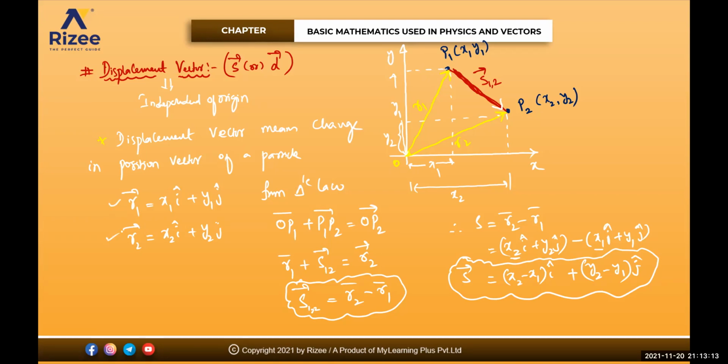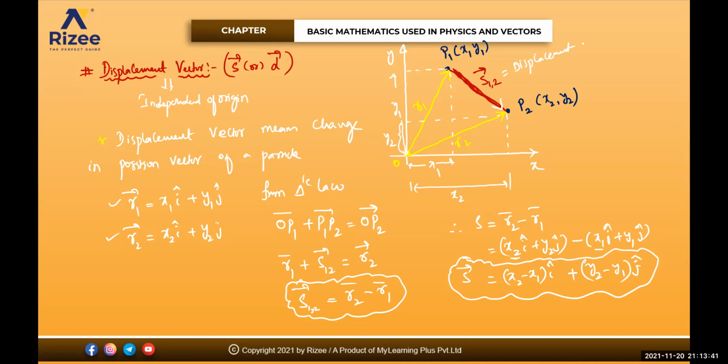R1 coordinates are given in the diagram as x1 and y1, and P2 coordinates are given as x2 and y2. If I draw the line from P1 to P2, that line joining P1 to P2 will give me the displacement vector. Displacement vector means the line joining the initial position to the final position. That is known as displacement, and it is independent of origin. It is not depending upon the origin.